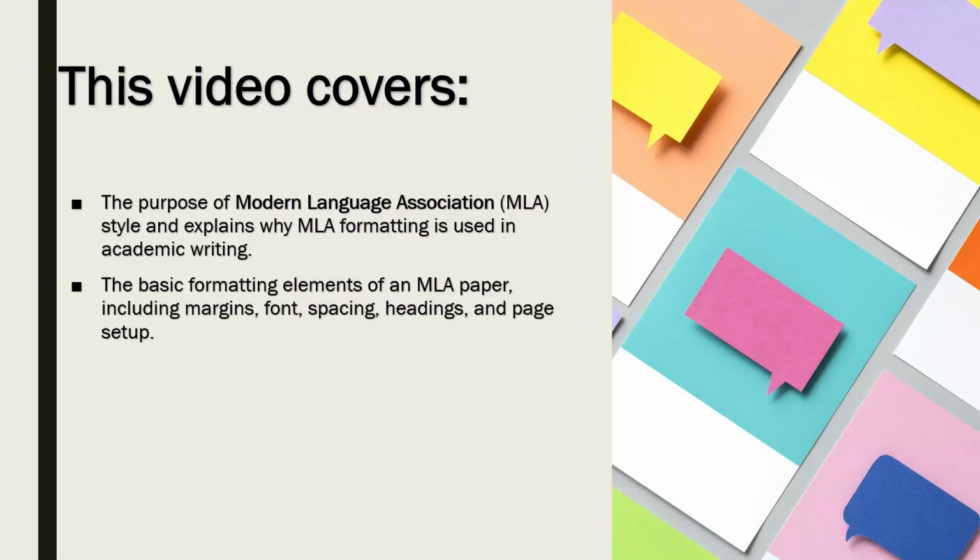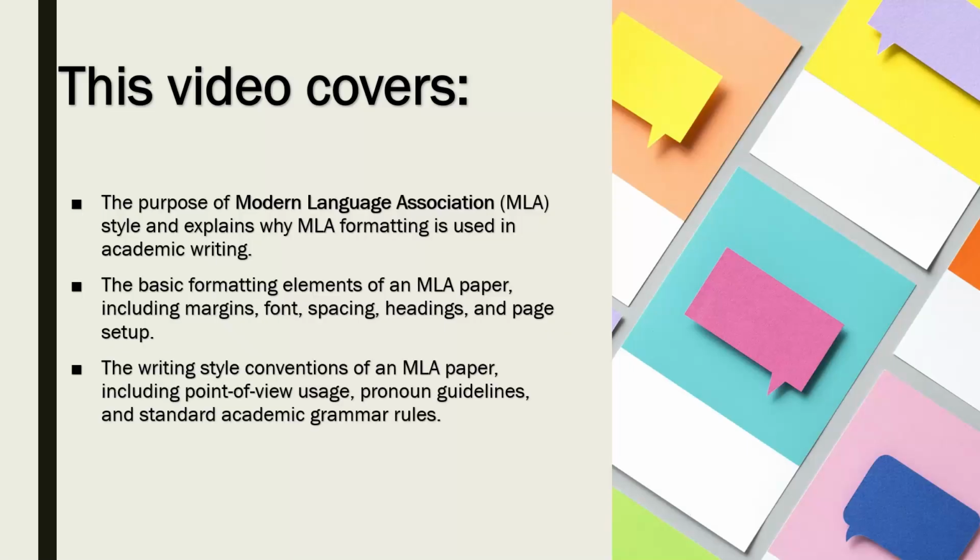We will also cover the basic formatting elements of an MLA paper, including margins, font, spacing, headings, and page setup. Lastly, we will cover the writing style conventions of an MLA paper, including point of view usage, pronoun guidelines, and standard academic grammar rules.